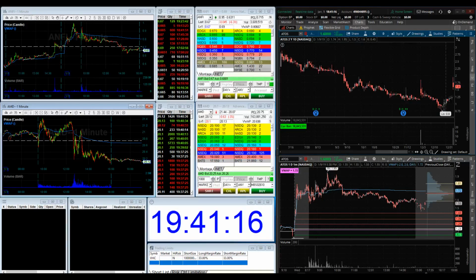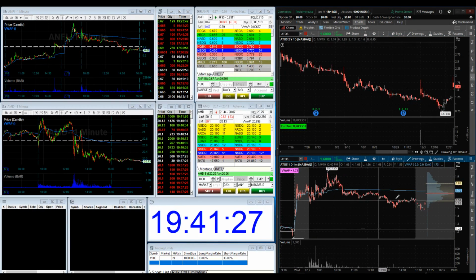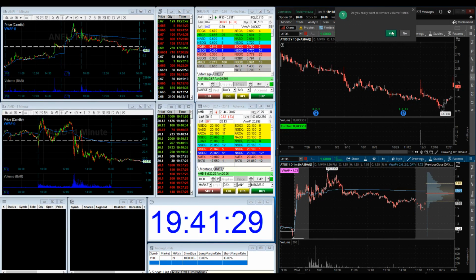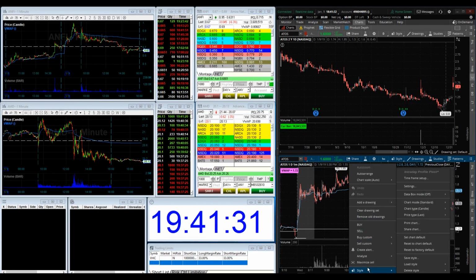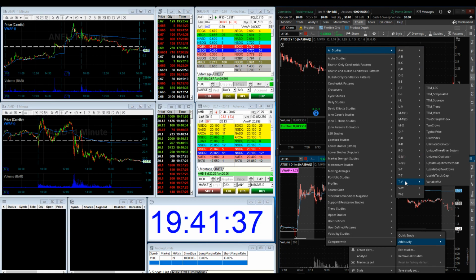Can you show how your volume profile is set up? Yeah. When you go on Thinkorswim, it's pretty simple to install. Studies, add study, all studies, volume profile.